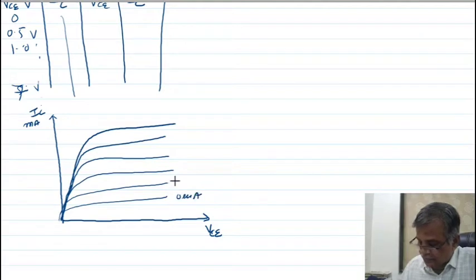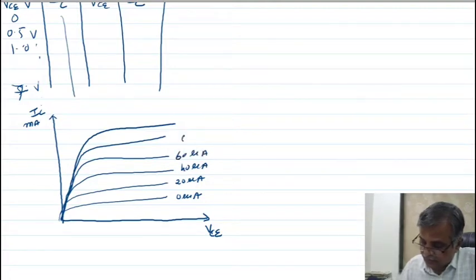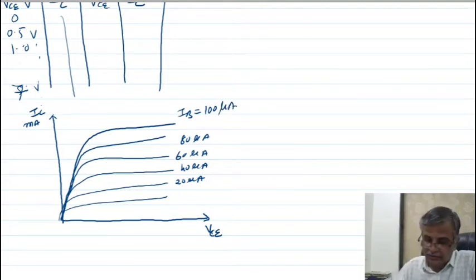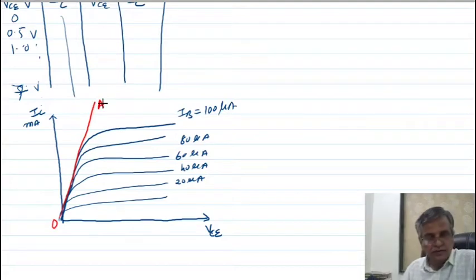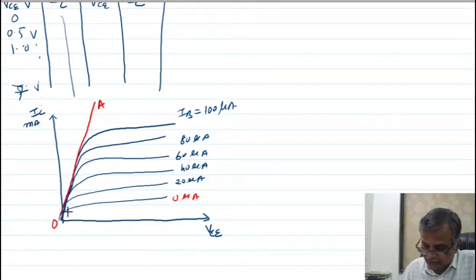This is 0 microampere, this is 20 microampere, this is 40 microampere, this is 60 microampere, this is 100 microampere. I am showing you this tangent line OA for 0 microampere current. So this region I am showing you by this line.